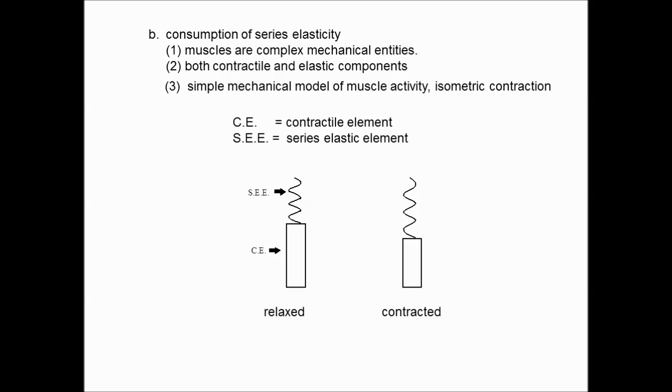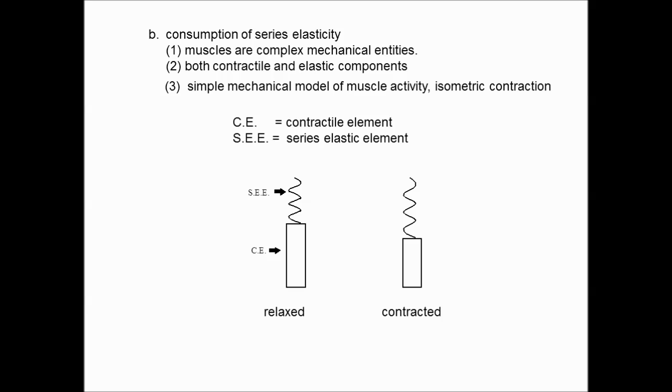This also gives me an opportunity to describe what we call series elasticity and the mechanical characteristics of muscle. So muscles are far more than just actin and myosin proteins that interact. They also have passive elements, we call them, that exhibit elasticity. All biological tissues have some elasticity.